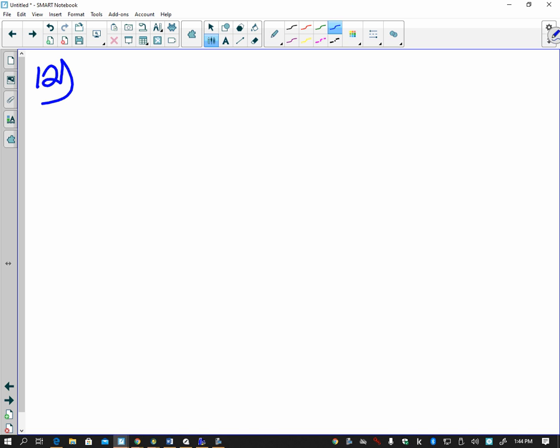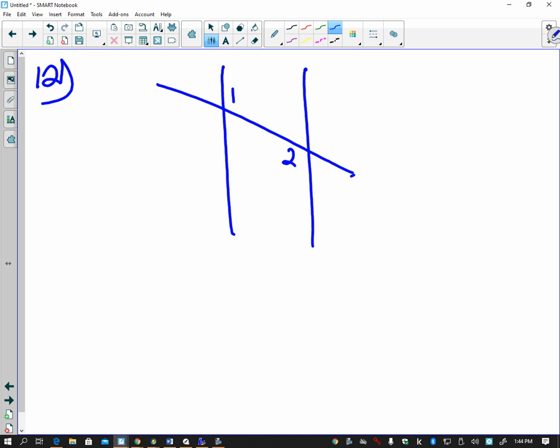Okay, same basic principle, except this time with some math. Let's see, they'll give you angle 1 and angle 2, something like that. We want to prove, well, let's call this A and B again.